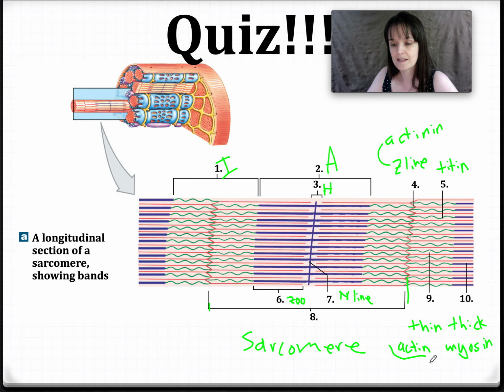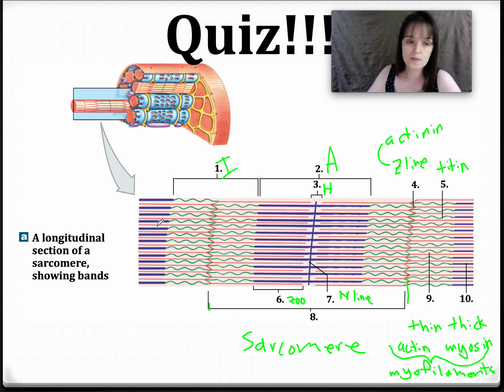And then the common term for thick and thin filaments, and then the sarcomeres all lined up make a myofibril.